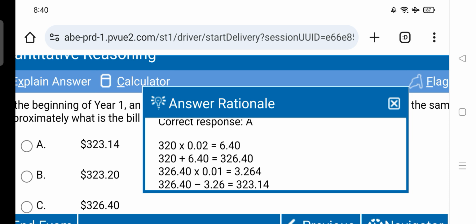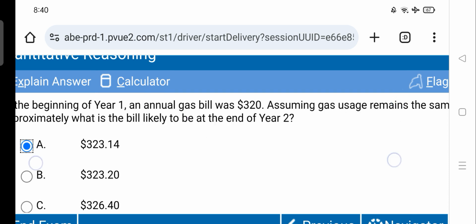That's how you calculate all these values, and the correct option is option A.